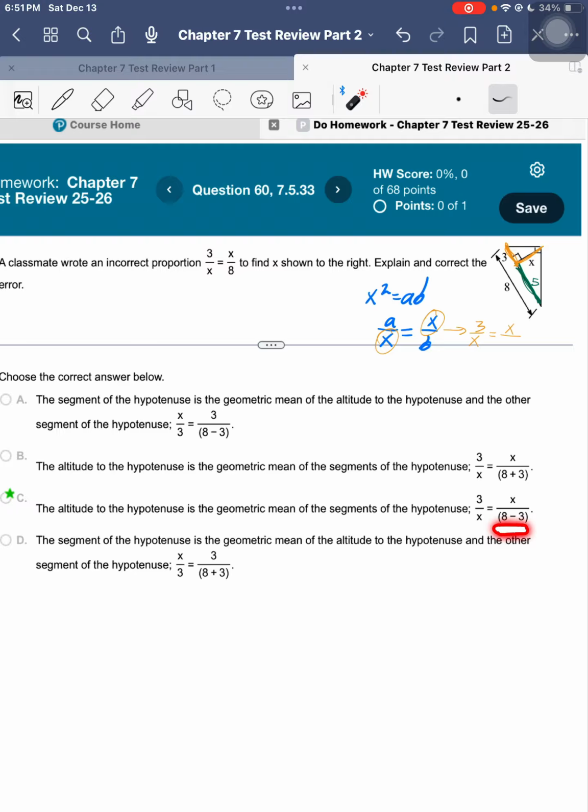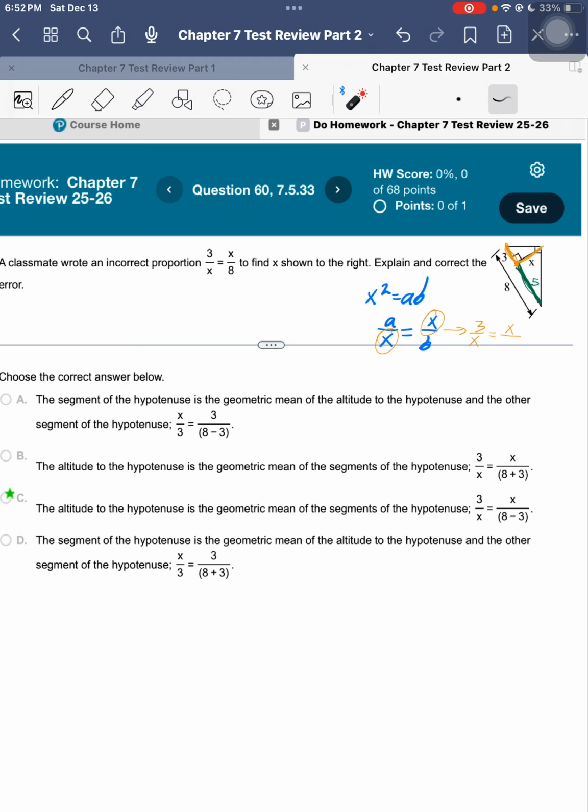X minus 3. So this is the correct answer. This one has x minus 3. Well, these are both wrong because they say x plus 3. So those you can take out. And even though this says x minus 3, this says the segment of the hypotenuse is the geometric mean. No, it's not. The only parts that can be the geometric mean are the altitude or the 2 legs.